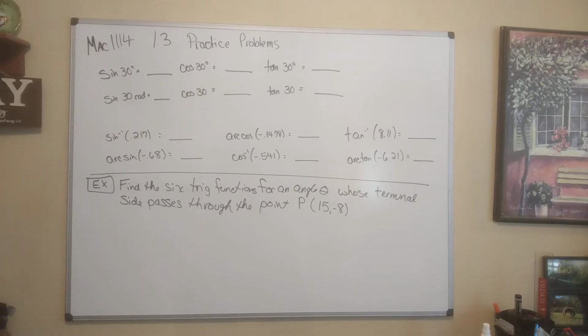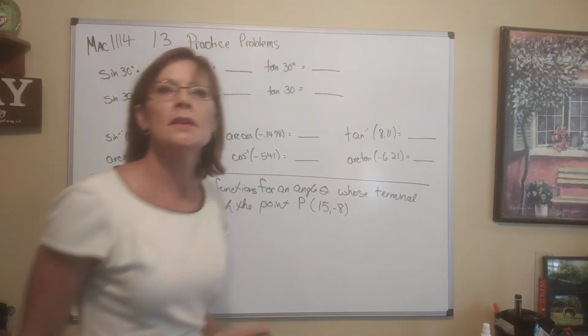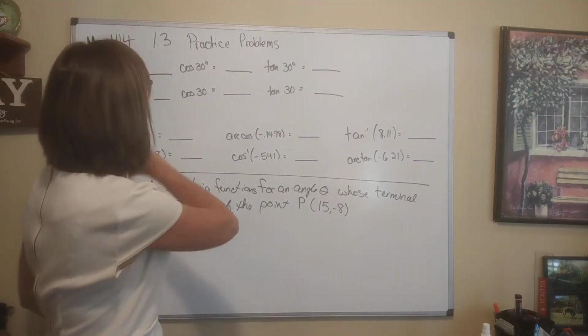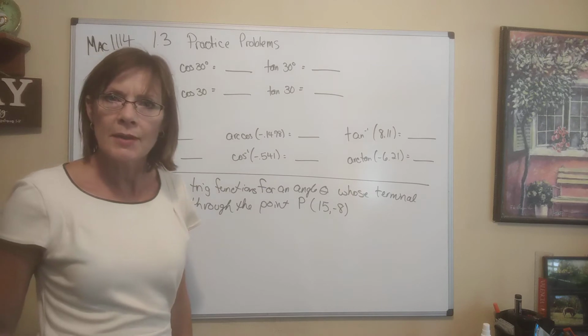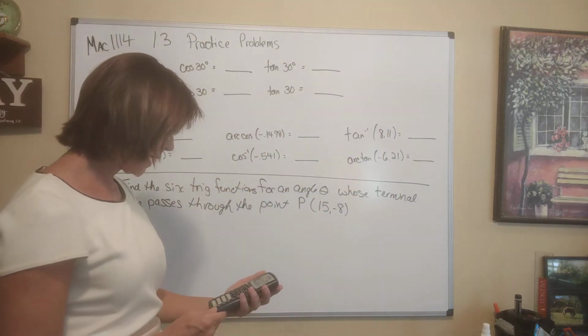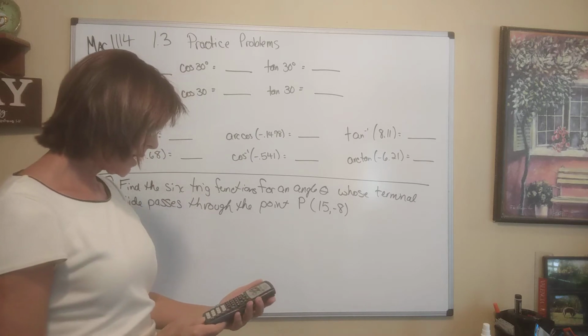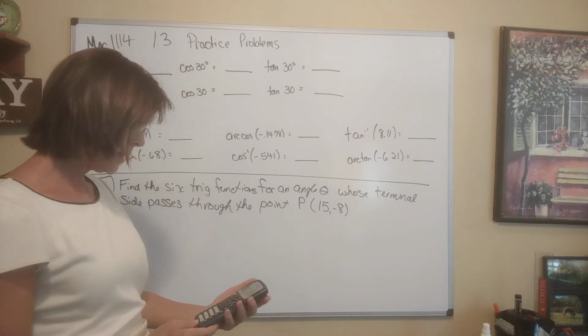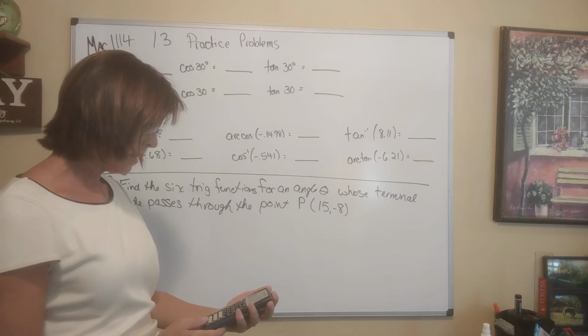Okay, and so what we're going to do is learn to press the right buttons. Okay, so here we go. I have a scientific calculator, and what it tells me is I need to know what mode I'm in.